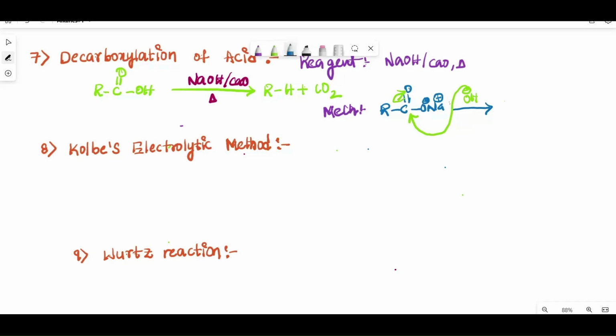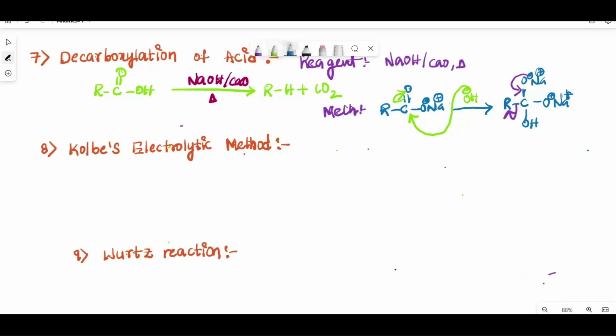Then we will get R C O minus Na plus, and here also you get O minus Na plus, and here it is OH. Then after a simple rearrangement like this, O negative comes here and forms a bond with carbon, and this R group will be removed.